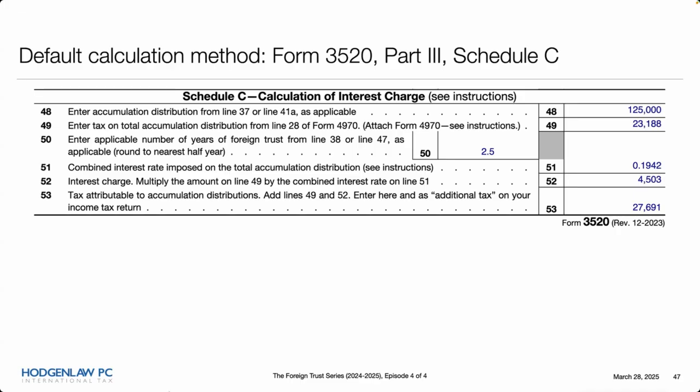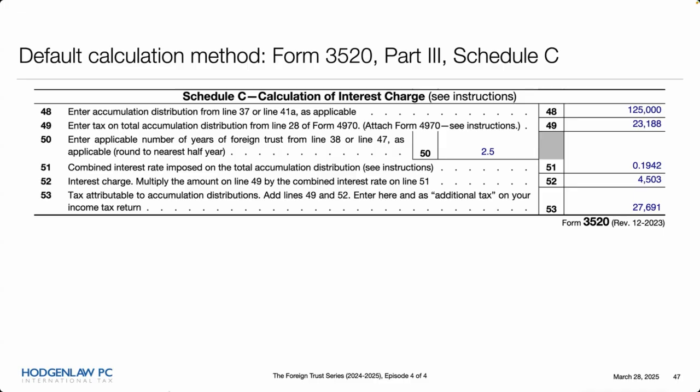Remember when I did the math for the actual calculation method, we took the $50,000 of weighted aggregate undistributed net income divided by 20,000 of actual undistributed net income. We got that 2.5 factor. And for the default method, we took the total number of years that the trust has been in existence, including the current year, and divided by 2. That's how we got the 2.5 in both cases.